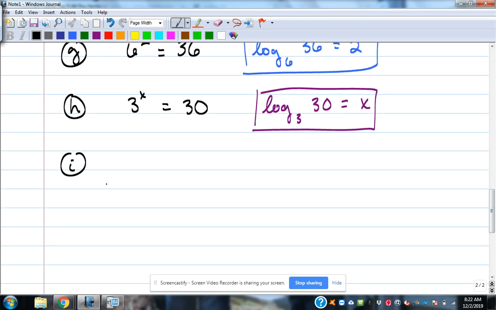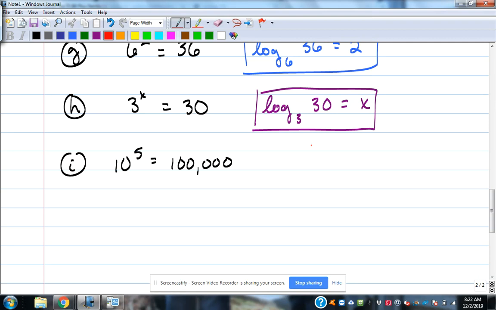It didn't only stay this easy. 10 to the 5th equals 100,000. It's true. Let's rewrite it in logarithmic form.